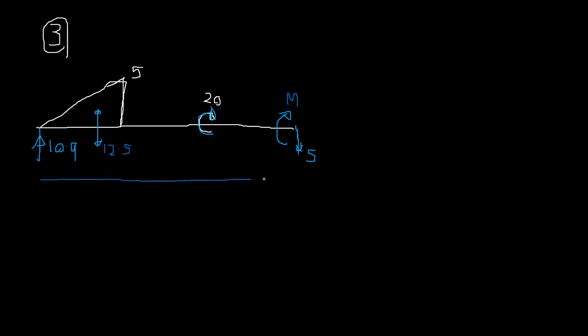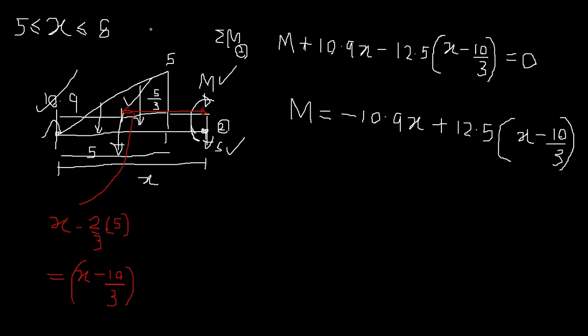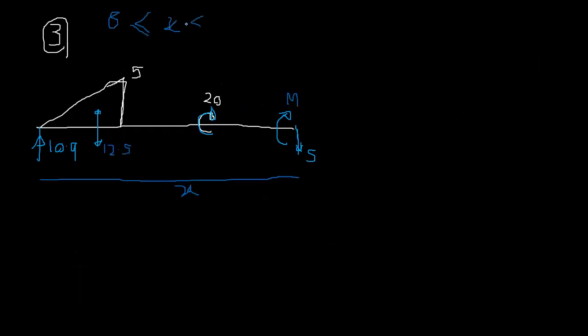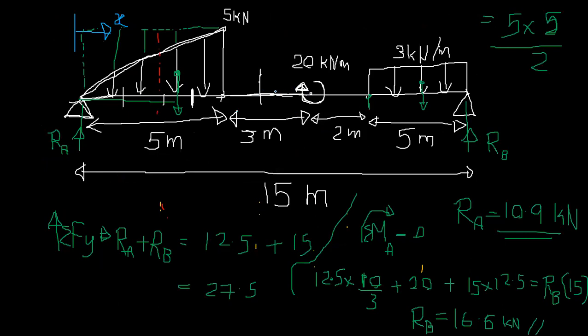So now we are mathematically idealizing the behavior between x equal to 8 to how much? 10. Yes, 10. It's from here to here, this region, right?